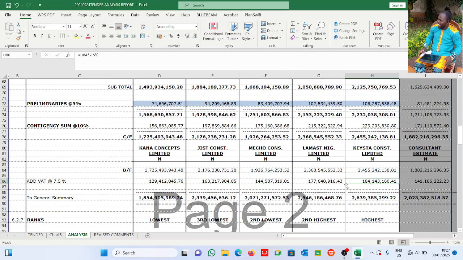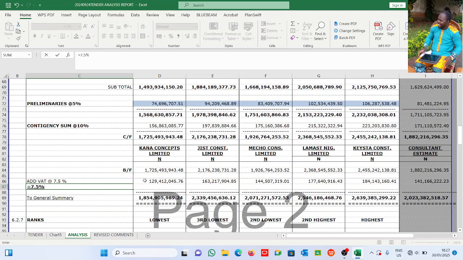How I did that was quite simple. You can do it that straightforward: 7.5% times this amount, times this figure here. I have 129,412. So it is that straightforward.